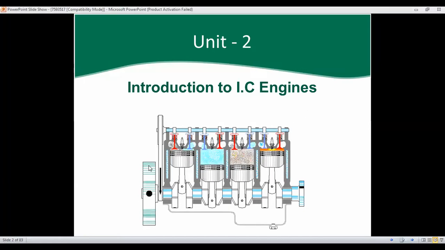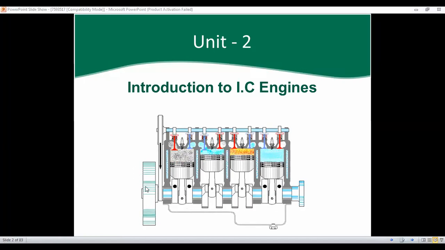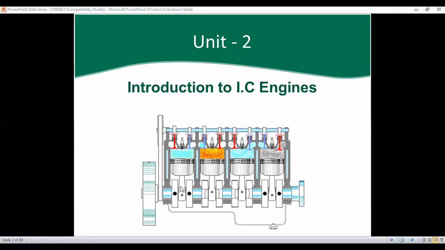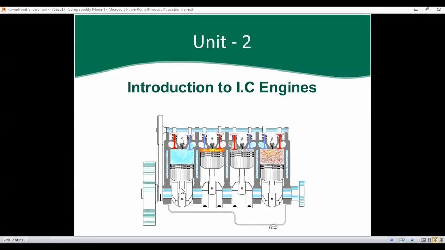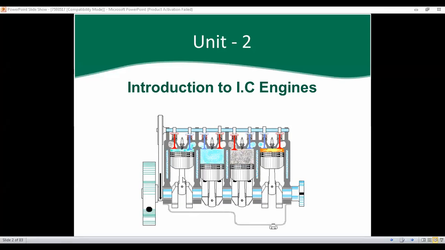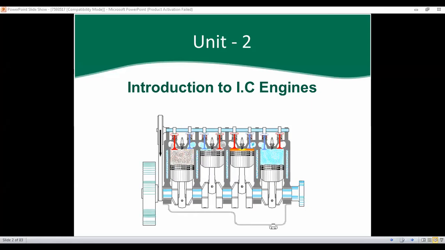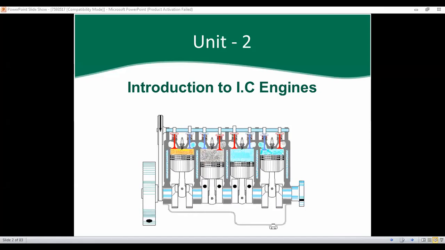Here, this one is our flywheel. And this part moving up and down, this we call the piston.